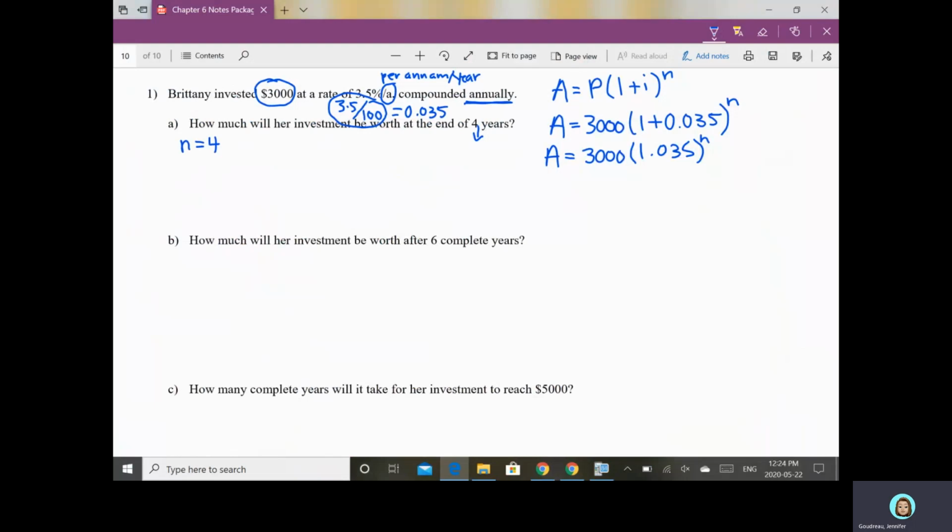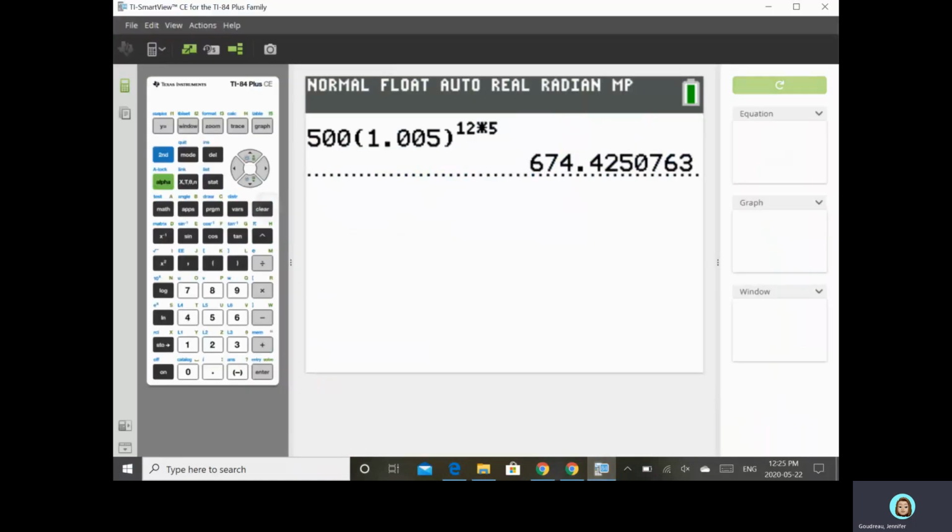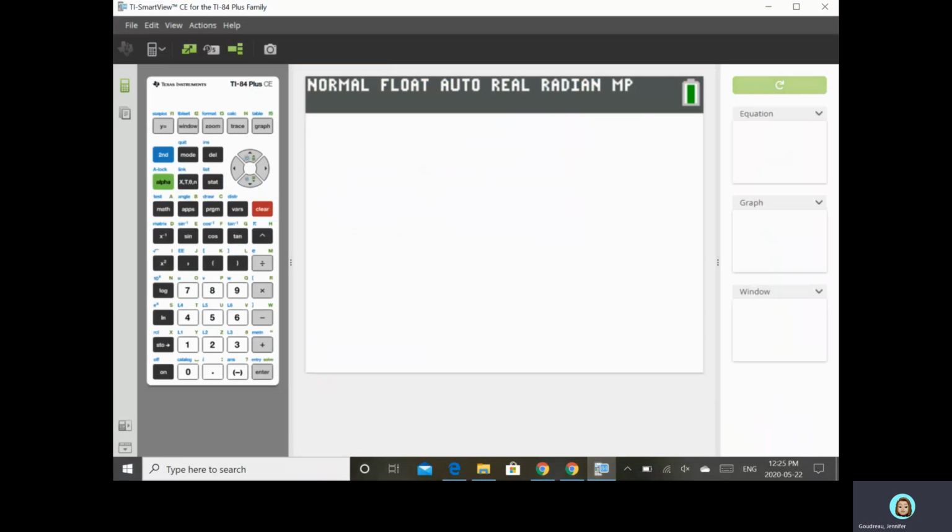Now how are we going to find the accumulated amount? We are going to do it quite simply by substituting. So our equation is 3,000 times 1.035. We are given n, so we are going to plug it in.